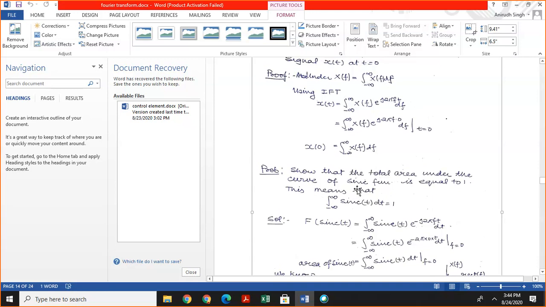Show that the total area under the curve of the sinc function is equal to 1. That means integration minus infinity to plus infinity sinc of t dt. This is the area of the sinc function, and you have to prove that the area of the sinc function is equal to 1.